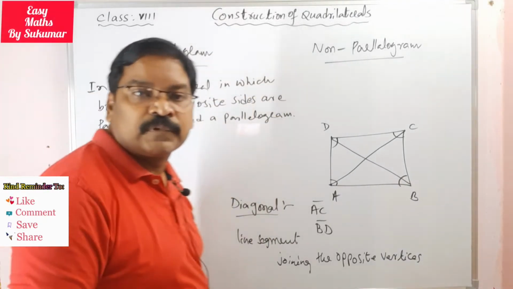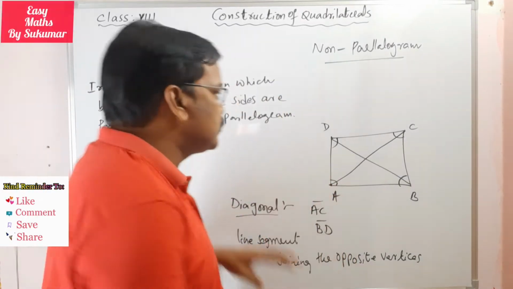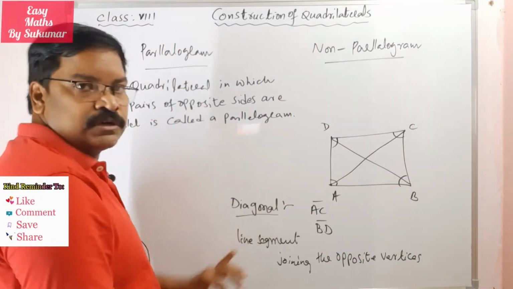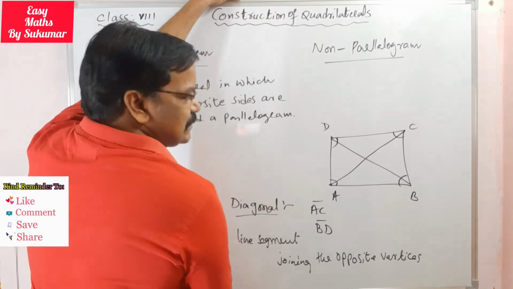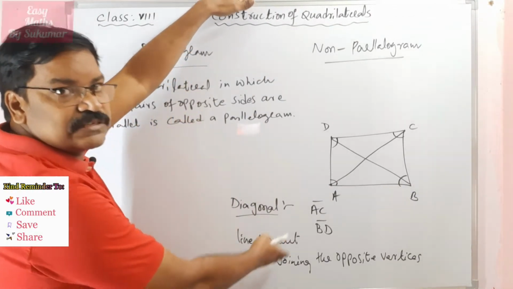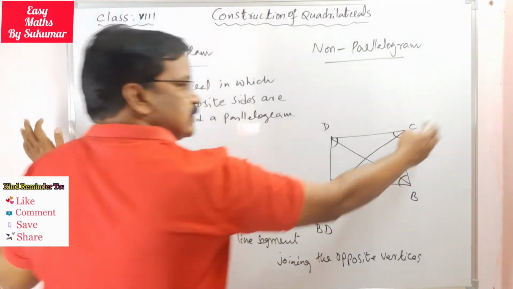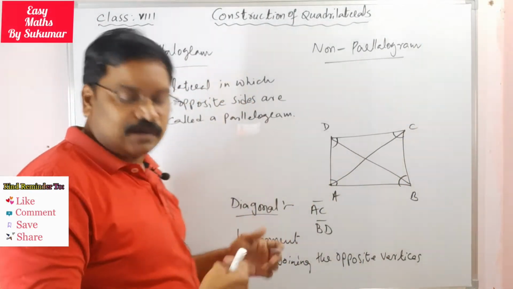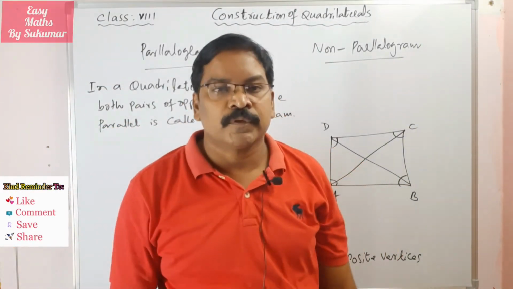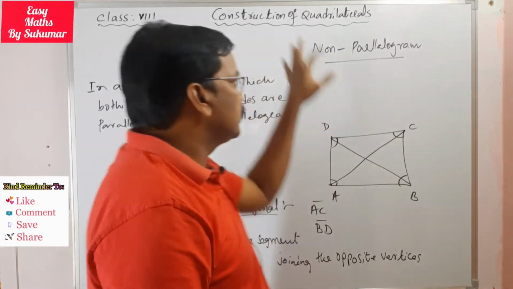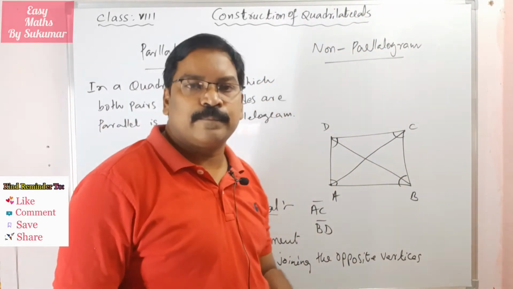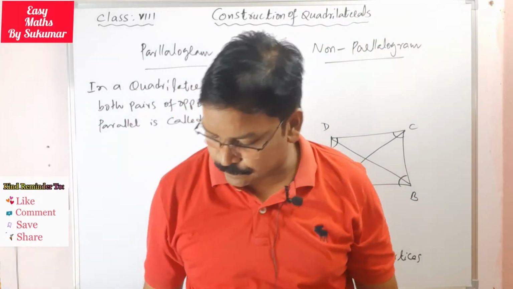Right? See, my dear students, if you observe this board, these two opposite sides are parallel to each other. So we can say this board is a parallelogram, the best example of a parallelogram.